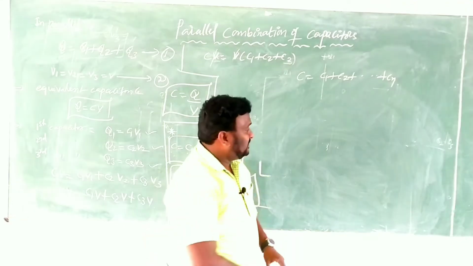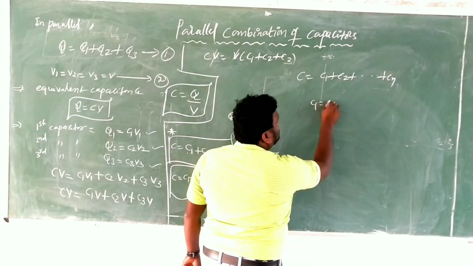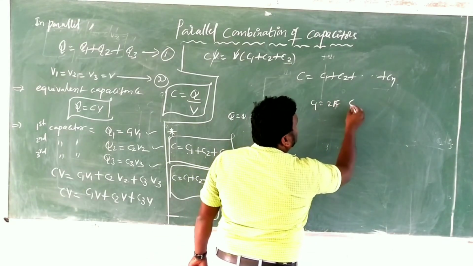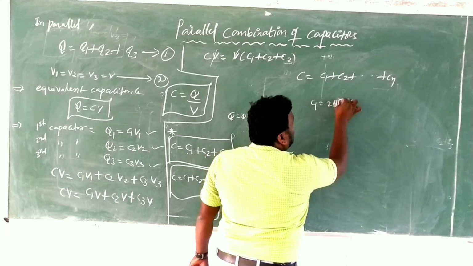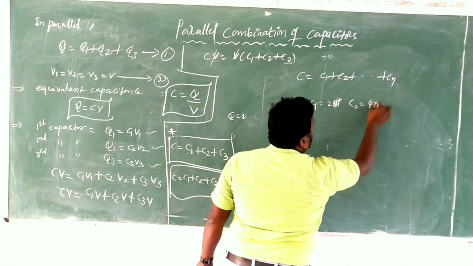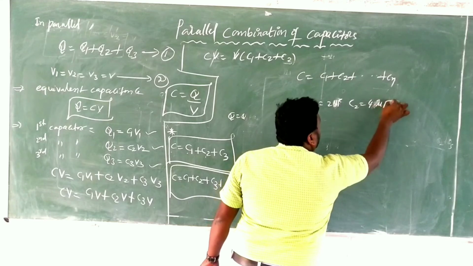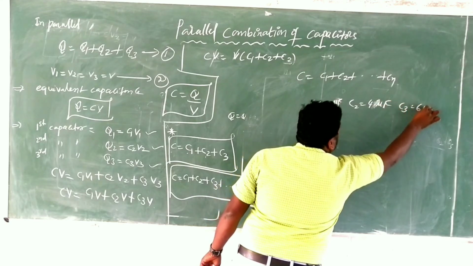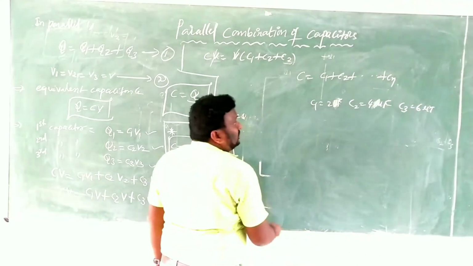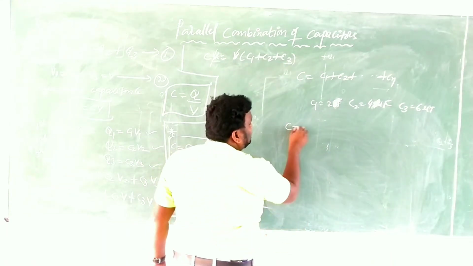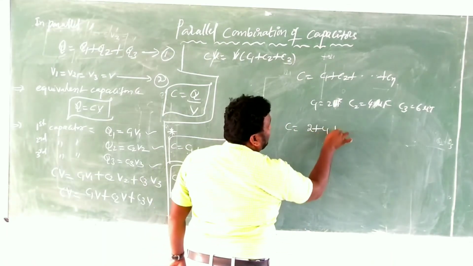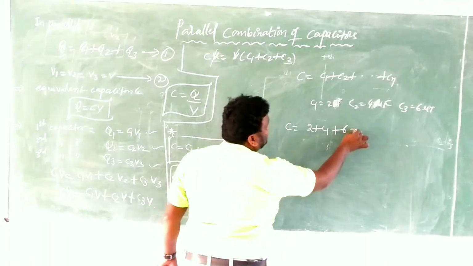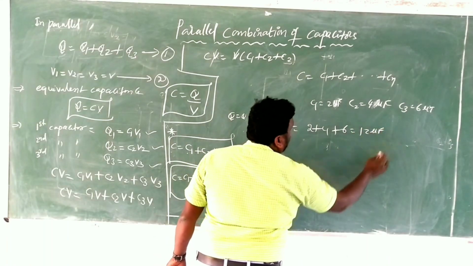So for example, here I am taking C1 is 2 farads or microfarads, anything, and C2 is equal to 4 microfarads and C3 is equal to 6 microfarads. Clear? Then what is the equivalent? C is equal to what? 2 plus 4 plus 6. 6 plus 6, 12. 12 microfarads.